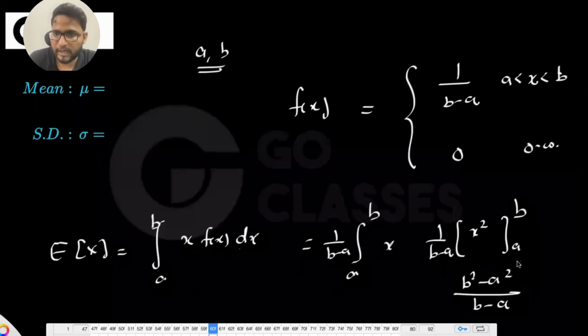Yeah, x square by 2. So it will be A plus B by 2. You can calculate the mean. It will come out to be A plus B by 2.